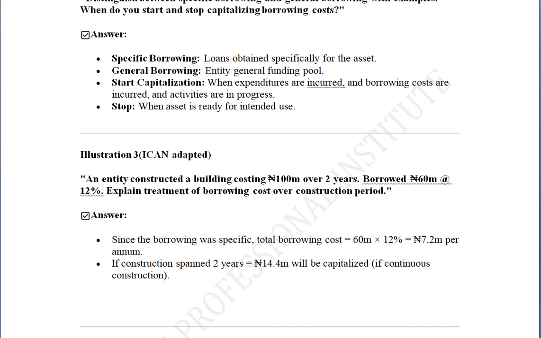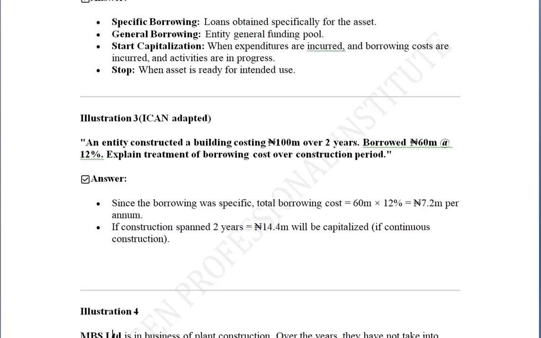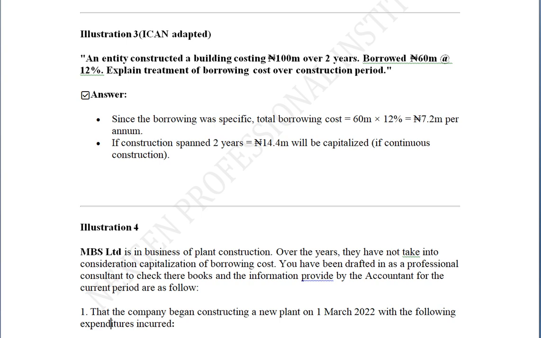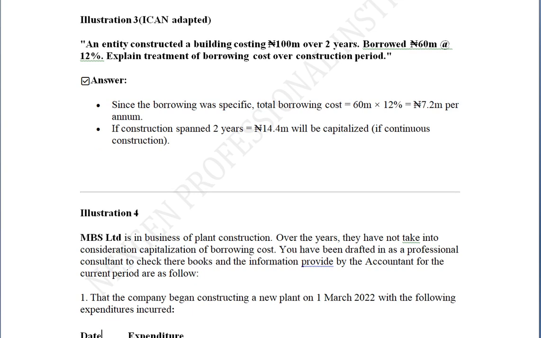That's for the first year. Then the second year, you are debiting 7.2 million to the PPE again, and then crediting the 7.2 million to the finance cost. That is the accounting treatment. Very, very simple, a standard. And that is what I want you to know. The standards are not what is difficult, but know it the way I've explained it to you, and then you will deal with it any day, anytime.